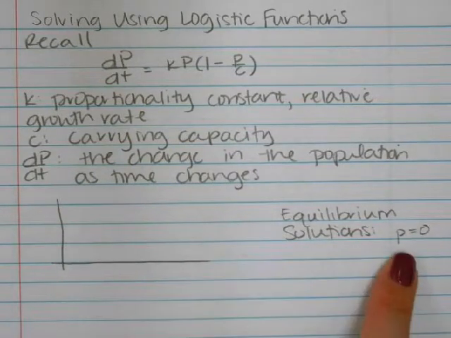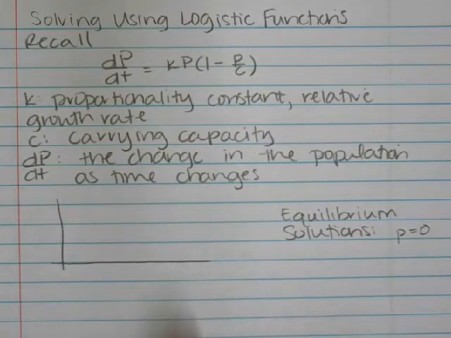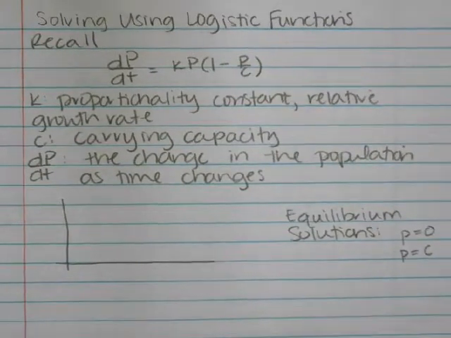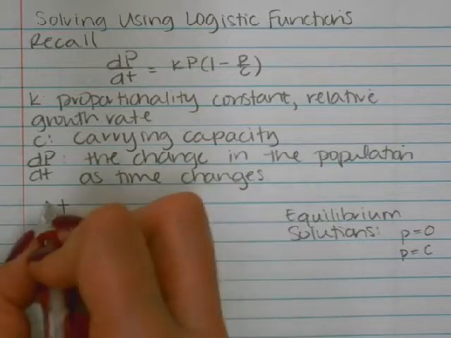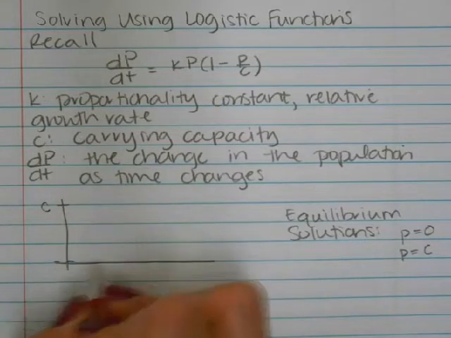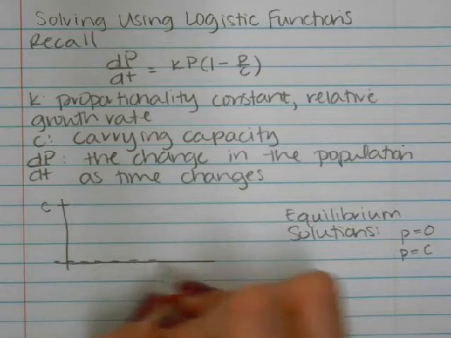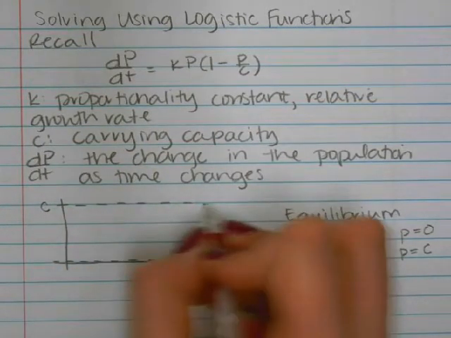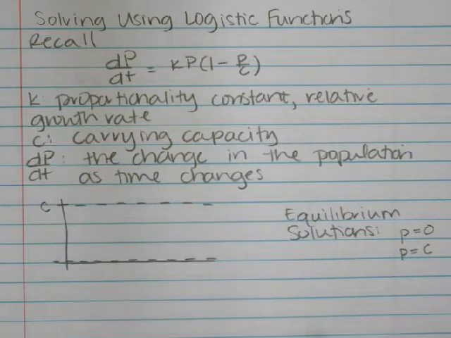And then the other equilibrium solution is when you hit that carrying capacity, so P equals C. And so our logistic function tends towards those two solutions. When you look at your slope field, if you guys remember, those had horizontal asymptotes. They had derivatives of 0 right there.